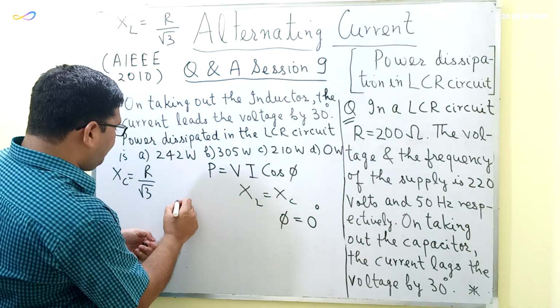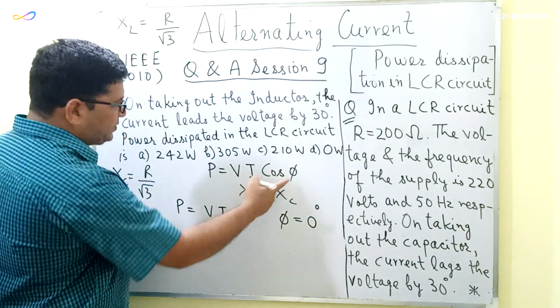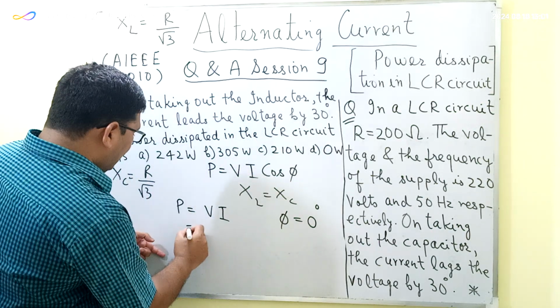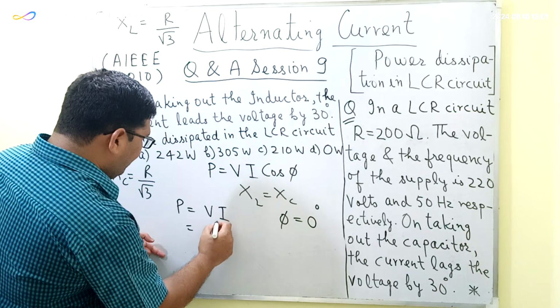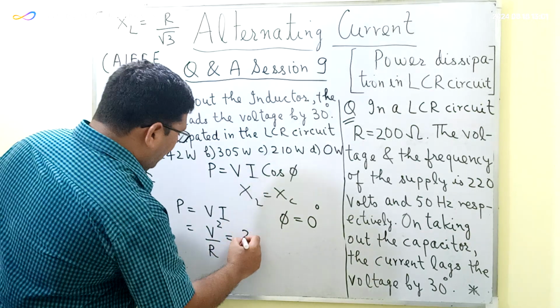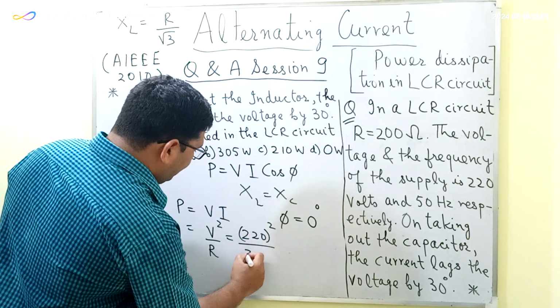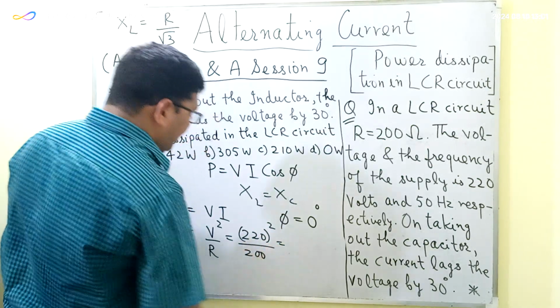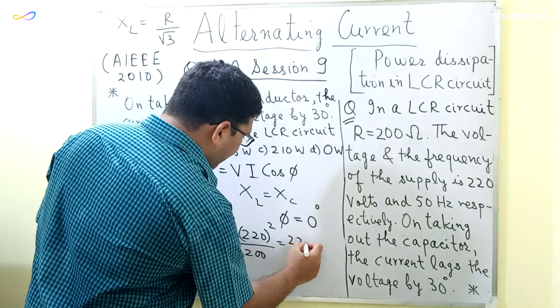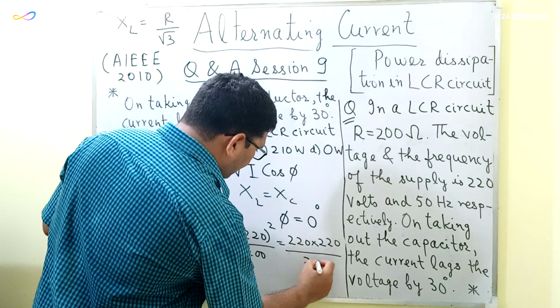So power dissipated in the LCR circuit will be equal to VI, because cos 0 is equal to 1, and this can be written as V square by R, which is equal to 220 whole square divided by 200, or 220 into 220 upon 200.